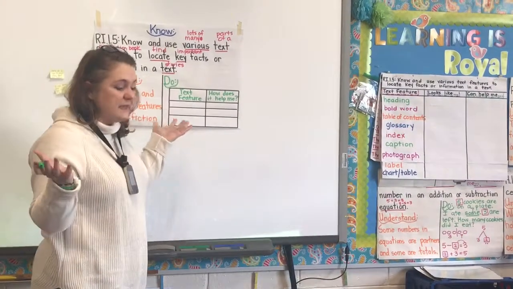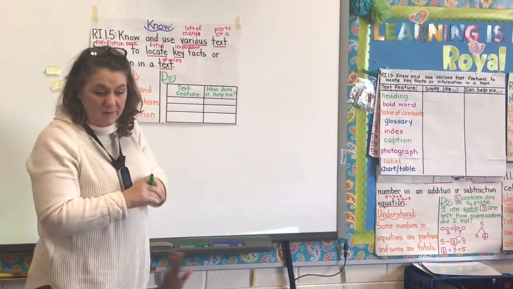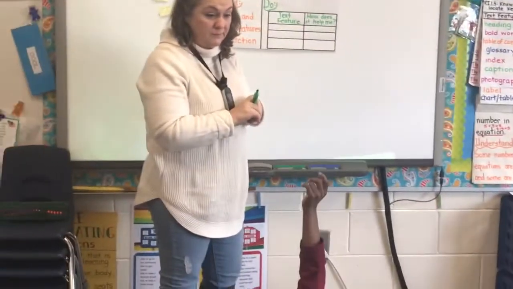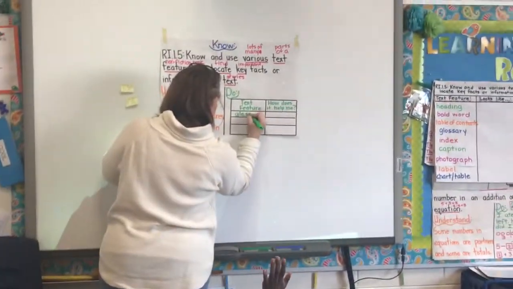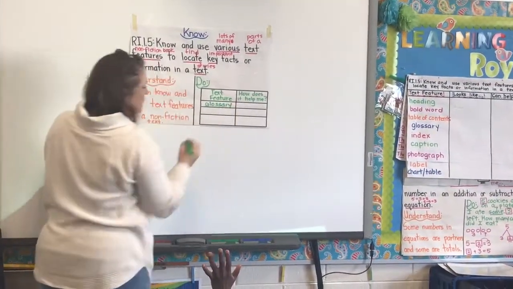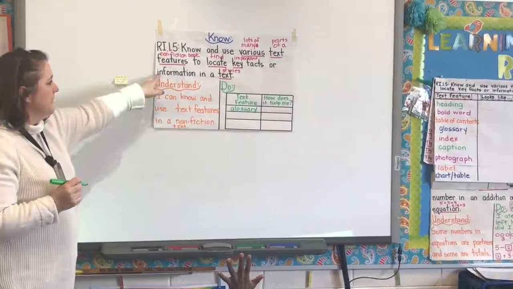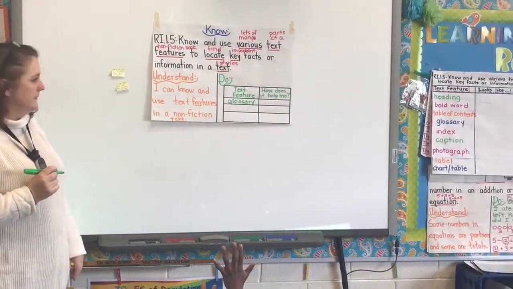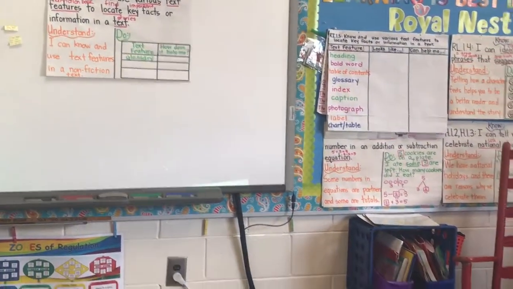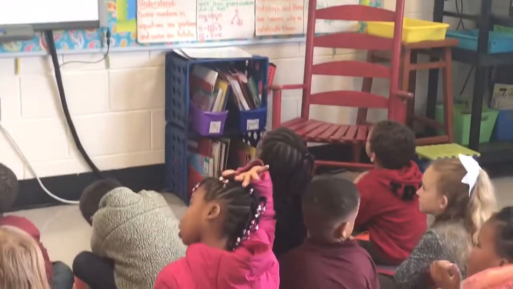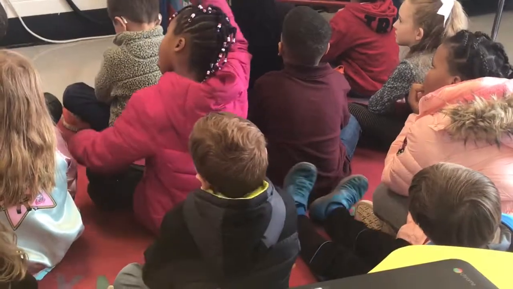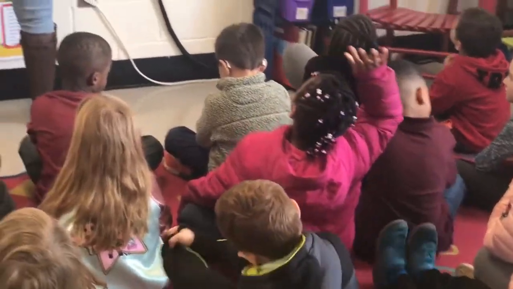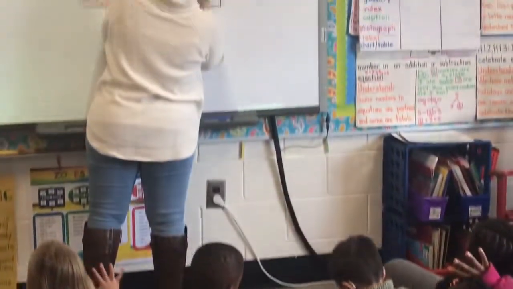Okay? So who can tell me the name of a text feature that we might be able to find in a nonfiction book? Hope. A glossary is a text feature. And how does a glossary help you to understand information in a story, Isaac? It tells you what words mean. That's right.